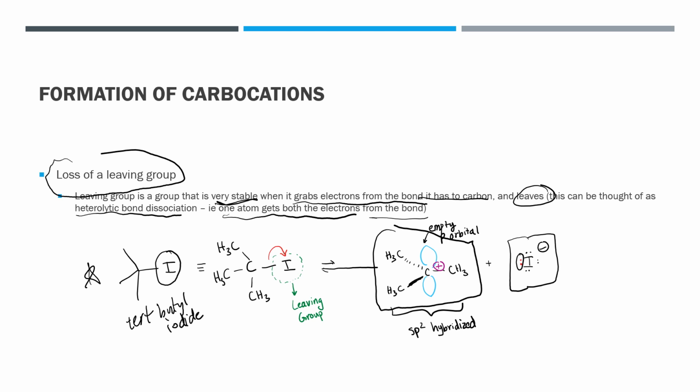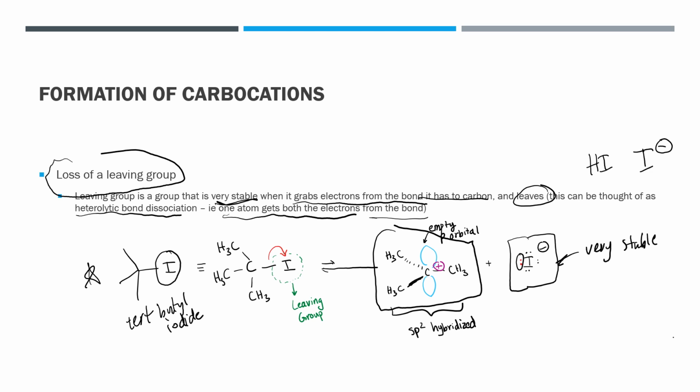So why is iodide a good leaving group? Because it's very stable. If we think about how acidic HI is, HI is a strong acid, which means that I minus is a very, very weak base. It doesn't like to be protonated. Why doesn't it like to be protonated? Because I minus is already very happy how it is.